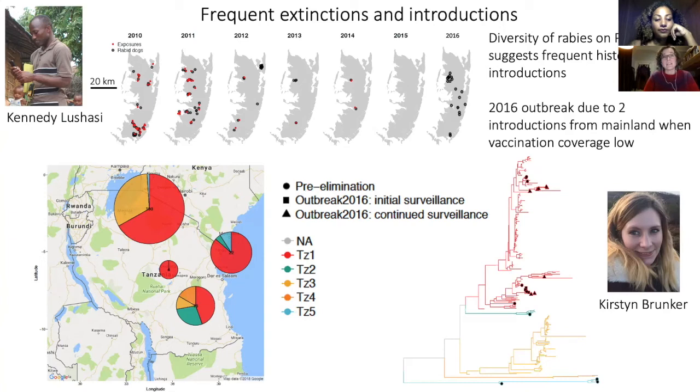And even in the 2016 outbreak, we saw a second introduction, likely from another part of Tanzania with a different genetic lineage. I can now happily say that rabies has been eliminated again from Pemba Island.